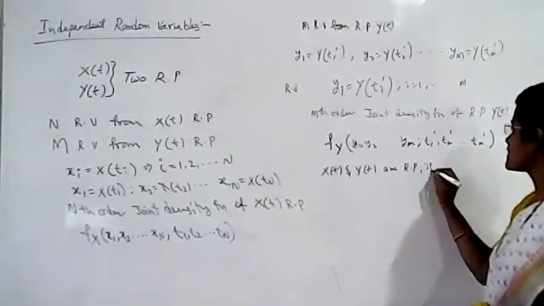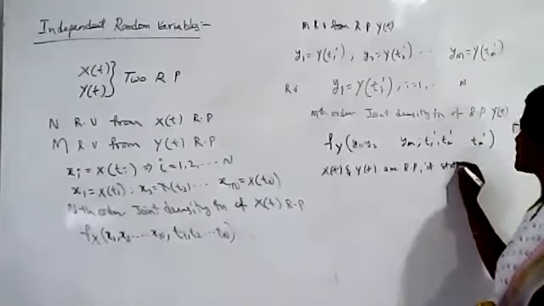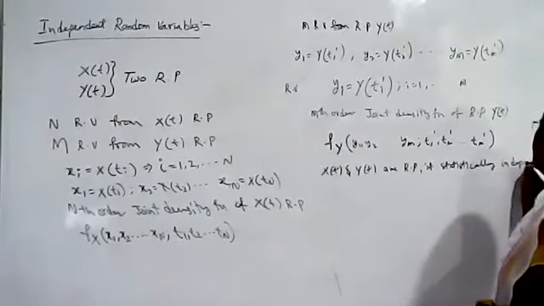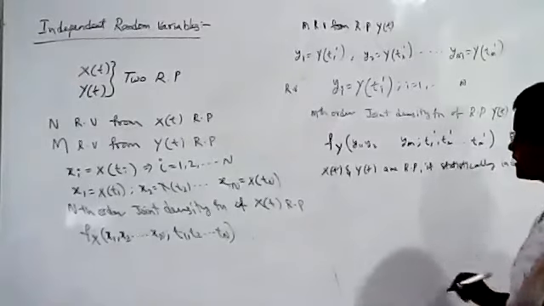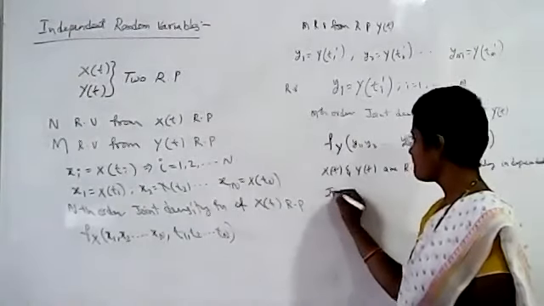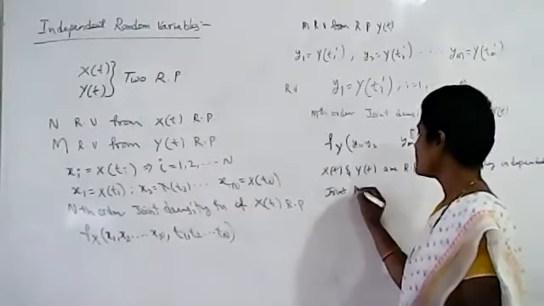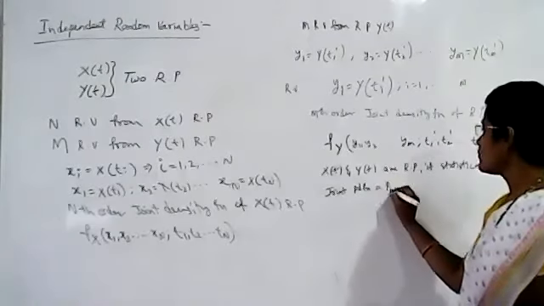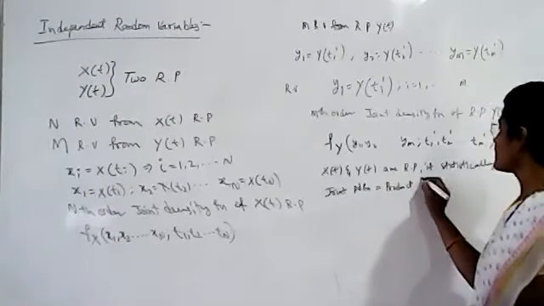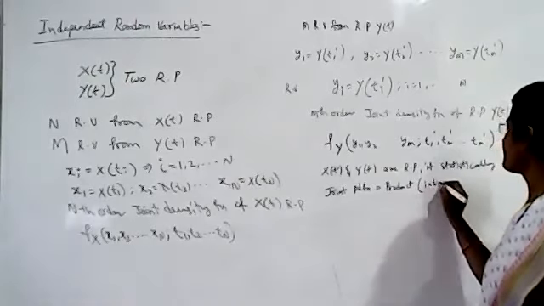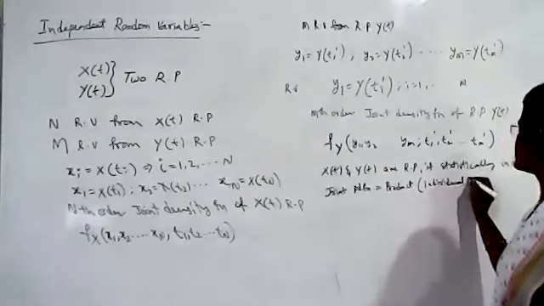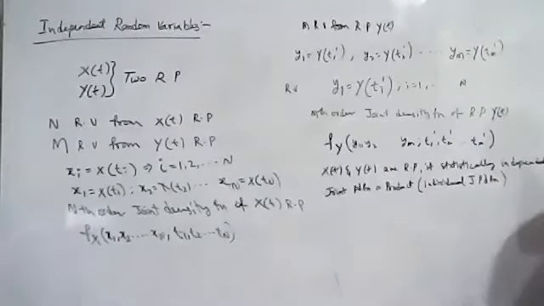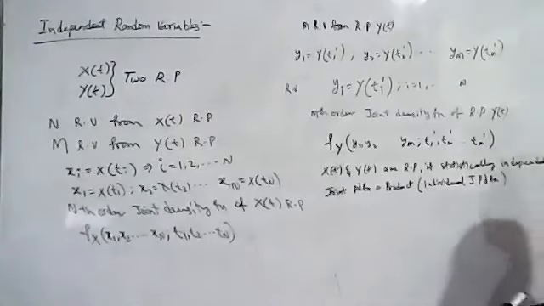If these two are statistically independent, then the joint probability density function will be equal to the product of the individual joint probability density functions.